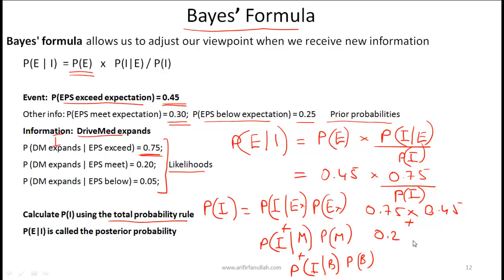So plus 0.2 times the probability that we meet expectations, which is 0.3, and the final one here, the probability that DriveMed expands given that EPS is below expectations is 0.05, multiplied by the probability of EPS being below expectations, which is 0.25. So now what you need to do is multiply all these out and add them up.